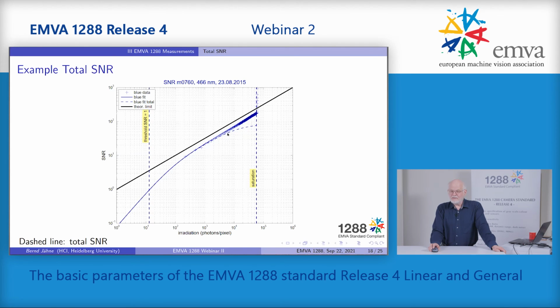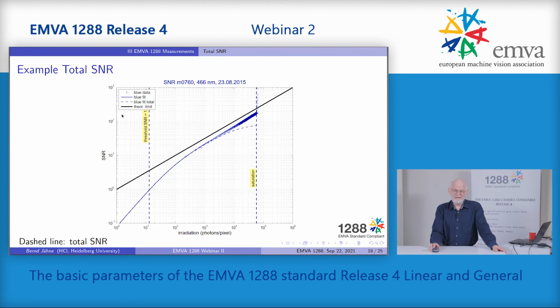And then you can nicely see, okay, this camera behaves that the non-uniformities do not affect the quality at all at low irradiation, but at high irradiation, they do significantly drop the quality, because the total SNR, including the non-uniformities, is significantly lower.